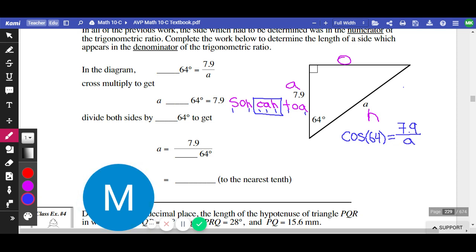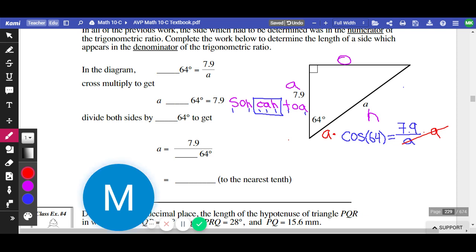The math. You have to get A off the bottom of the fraction. The only way you can get A off the bottom of the fraction is to multiply it to the other side. When you multiply A to the other side, it'll cancel out on this side, and you'll be left with A times cos 64 equals 7.9.